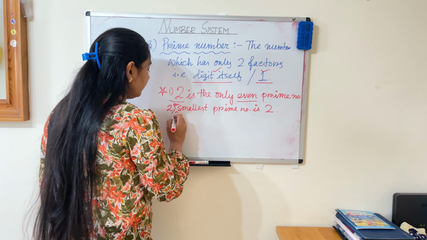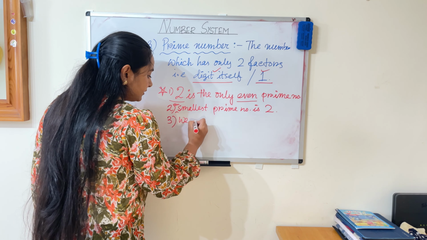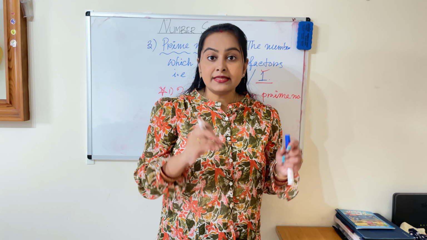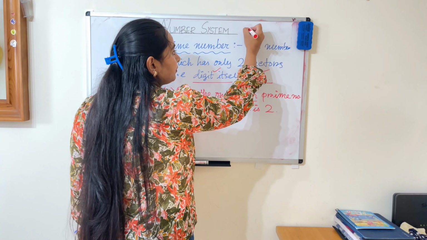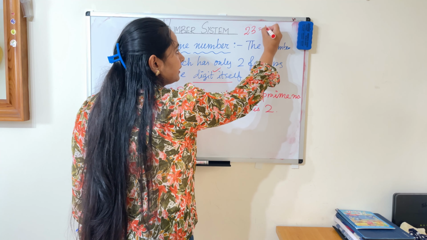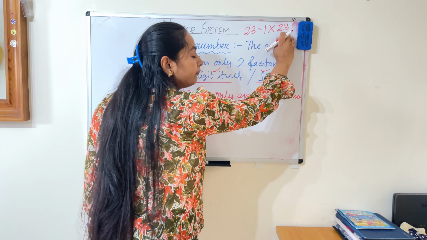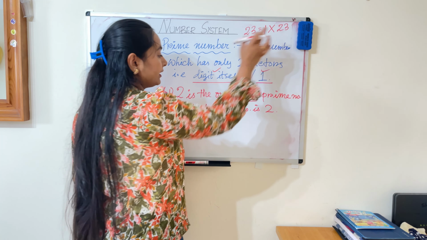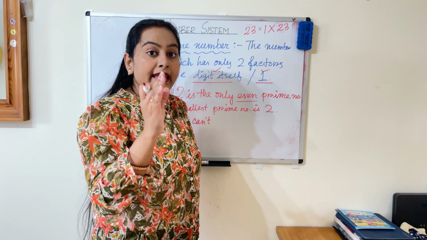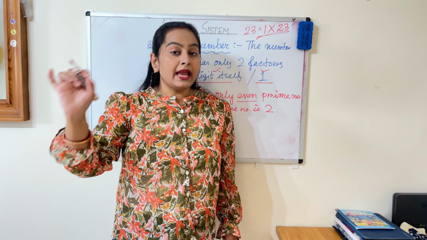Okay, now third point: we can't represent a prime number as a product of other numbers. I'm giving you one example. Suppose 23. If we are trying to find 23 as a product of two numbers, then 1 and 23. What I have told you, the digit itself and 1, except this pair, we can't find other pairs as a product.